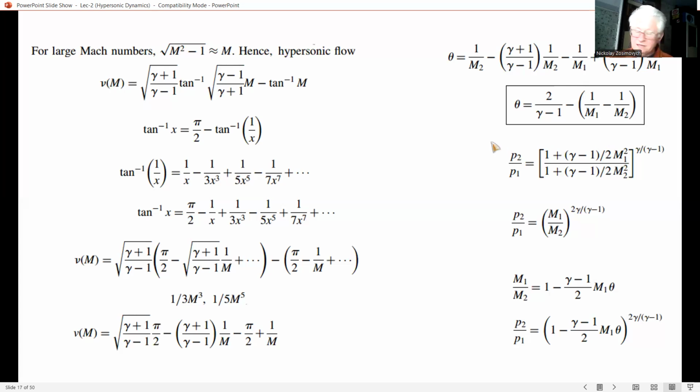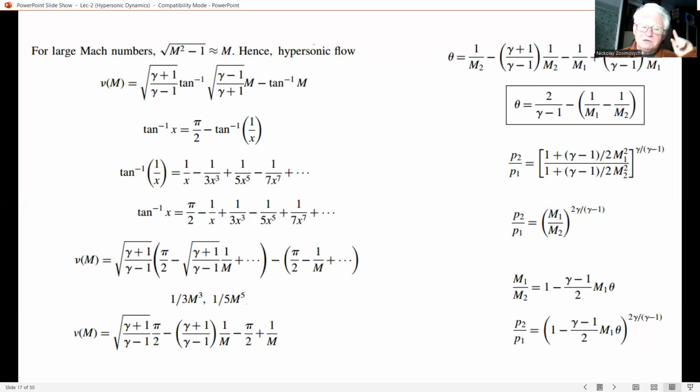Okay? So this equation is the hypersonic relation for a Prandtl-Meyer expansion wave. It is an approximate relation that becomes more accurate as M1 and M2 become larger.